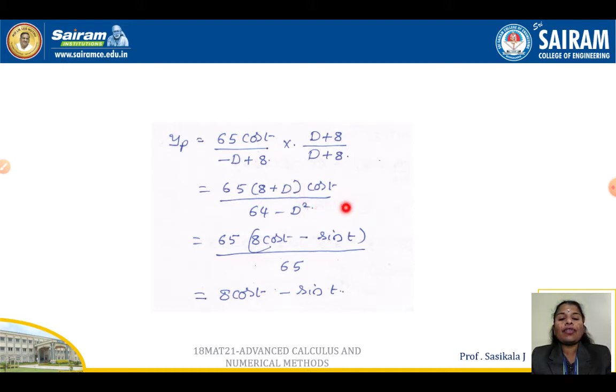So d by dt of cos t will become minus sin t. And in the denominator, d squared is replaced by minus 1 square, so minus into minus gives plus 1. It will go for 65. Simplify, 65 will get cancelled. 8 cos t minus sin t is your particular integral.